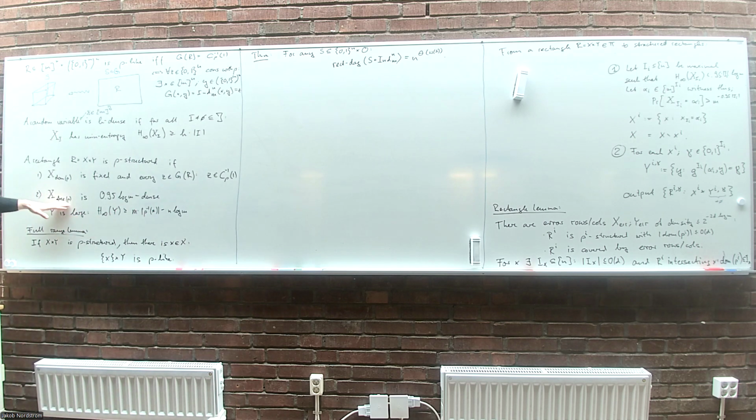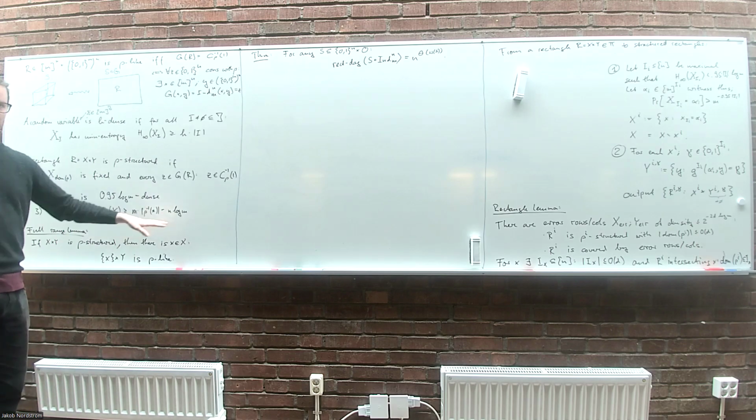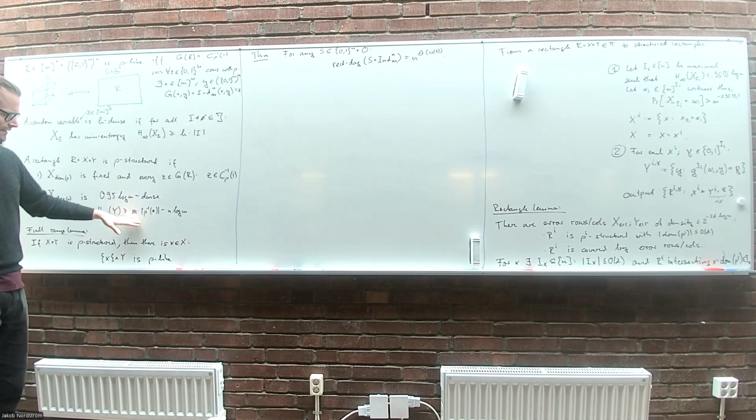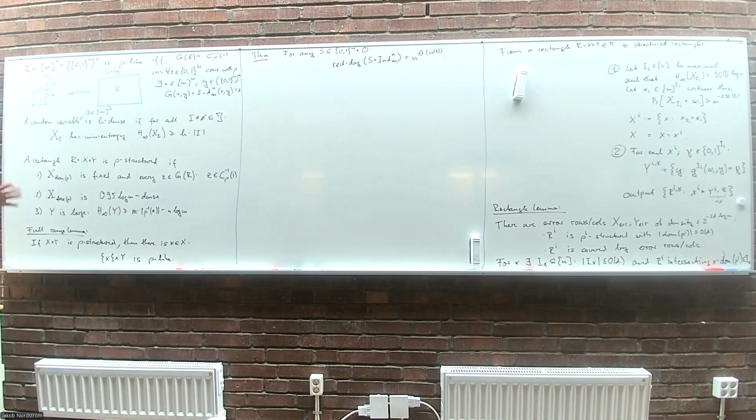Then on the free variables, if we look at the marginal distribution, we are very dense: 0.95 log m dense, where the maximum would be log m dense. And finally, the y set is large, so its min-entropy is some expression. Again, this is slightly different from last time; it's not very important. The computations work out nicely.